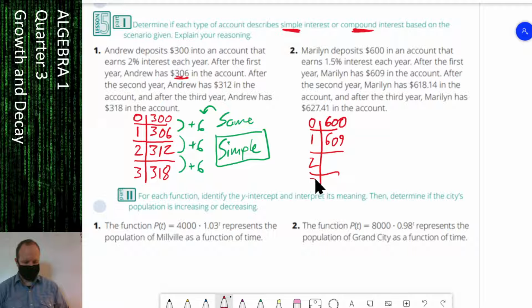And I think it goes all the way to 3. So they're just in order. 618.14. And then the last year, 627.41. If we were to take year 1, subtract year 0 from it, how much interest did he make, or she? And we're going to keep on finding differences.